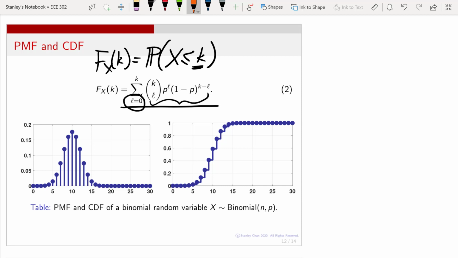Unfortunately, at this point, there's no simple algebra that can help you simplify this expression. So I will just plot out numerically the PMF and the corresponding CDF. And you can see that the CDF really is a staircase function, where the heights of all these jumps correspond to the heights of these impulses.